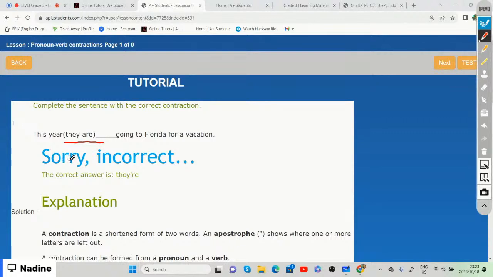We need to shorten or write the contraction of these two words: they are. What is the contraction of they are?